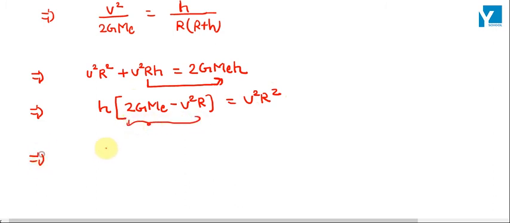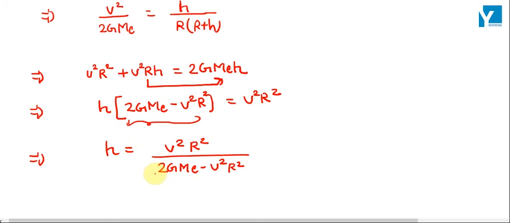So this implies h is equal to v square R square divided by 2 G M_e minus v square R.